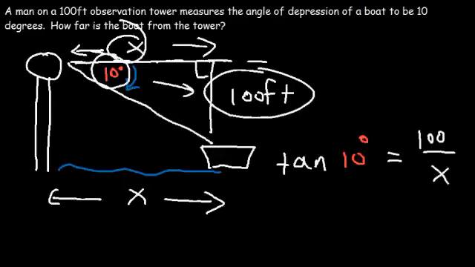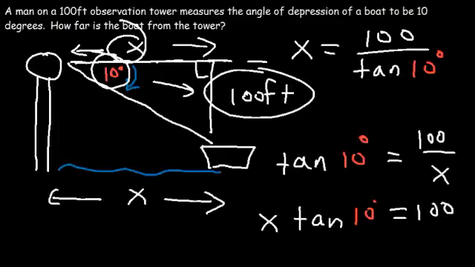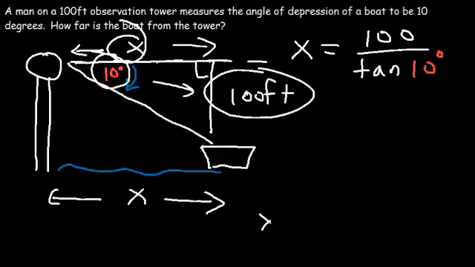So if we multiply both sides by x, x tan 10 degrees is equal to 100. And if we divide both sides by tan 10 degrees, x is 100 divided by tangent of 10 degrees. So what's tangent of 10 degrees?